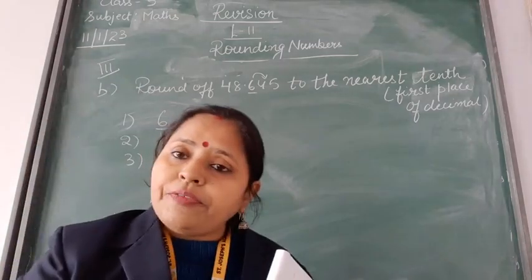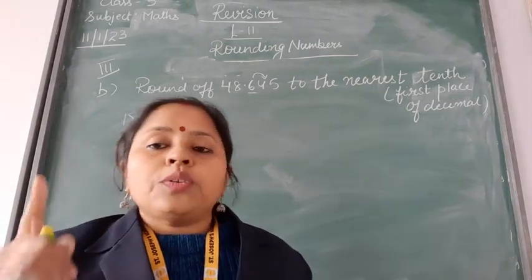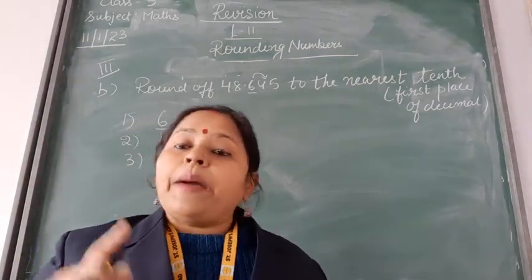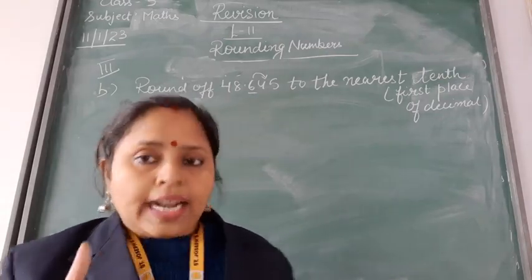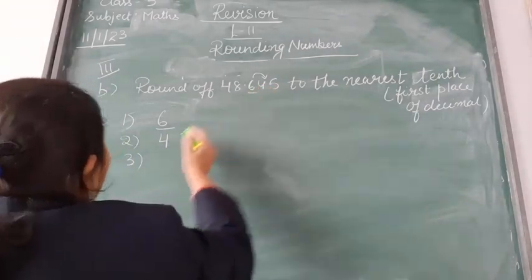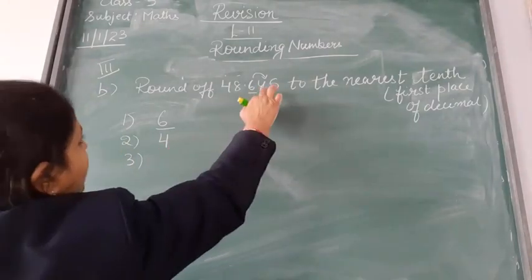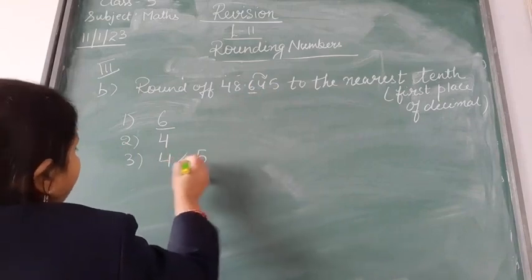If it is bigger than 5 or equal to 5, in that case we will add 1 to the digit at the rounding off place. But if it is less than 5, we are not going to change the digit at the rounding off place. So children, we can see that the digit on the right hand side of the rounding off place is 4, and 4 is less than 5, right?